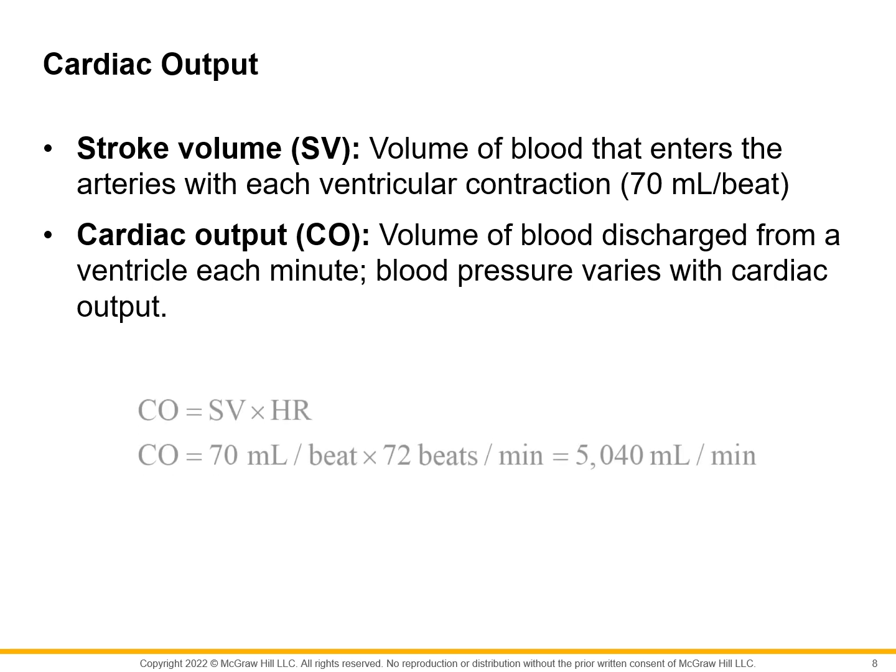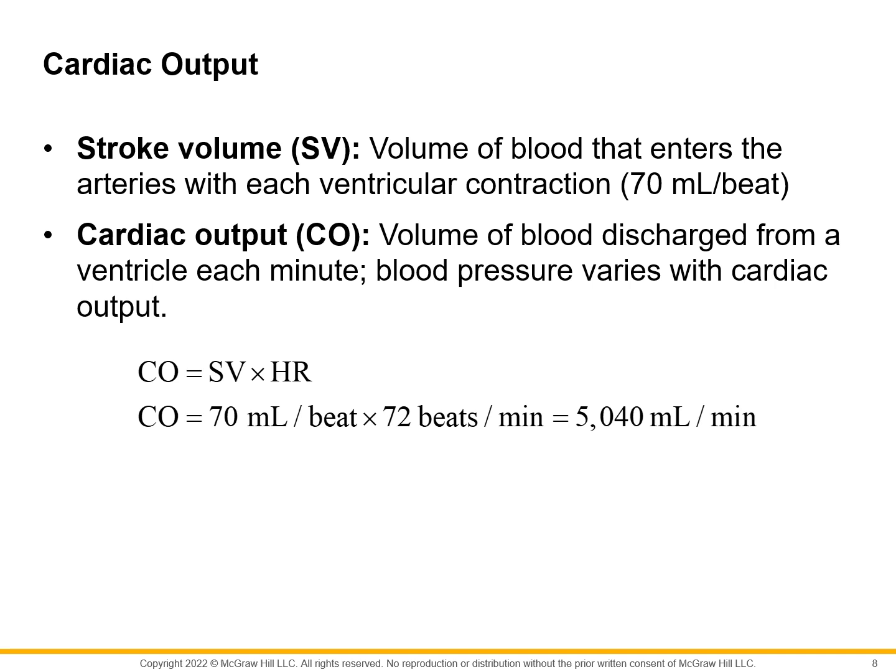So the cardiac output equals the stroke volume, which is the amount of blood ejected per beat, times the heart rate. And usually the average heart rate is 72. So if you calculate it, 70 milliliters, which is the stroke volume, the amount of blood ejected by each ventricle per beat, times the number of beats, which is on average 72.